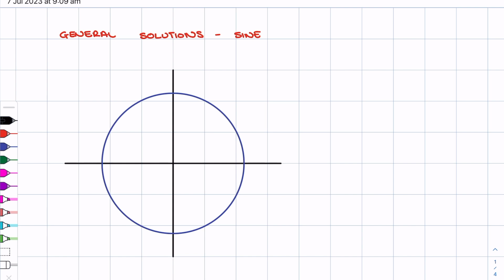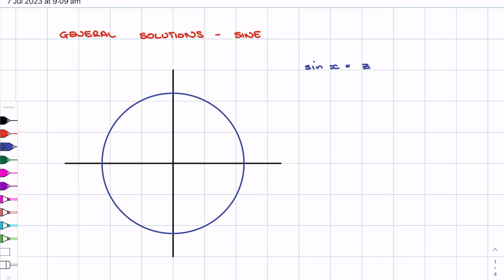It's really important that you have a look at cosine and tangent because it helps you get an idea of what we're doing. Sine is a little bit more complicated than cosine and tangent just because we've got variations in the orientation of where we place the angles. So what we're considering here is an equation of the order of, let's say, sine x equals some value, let's call it z.